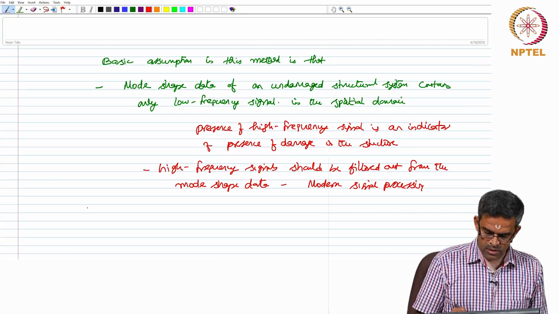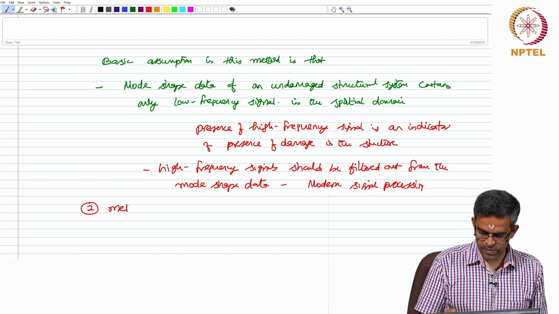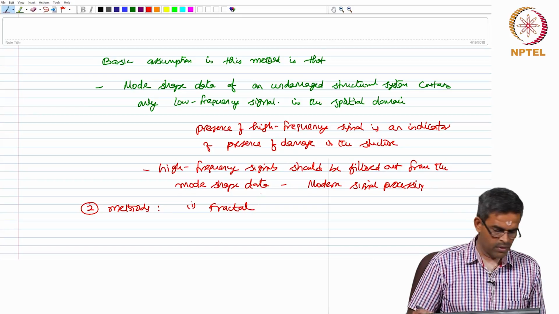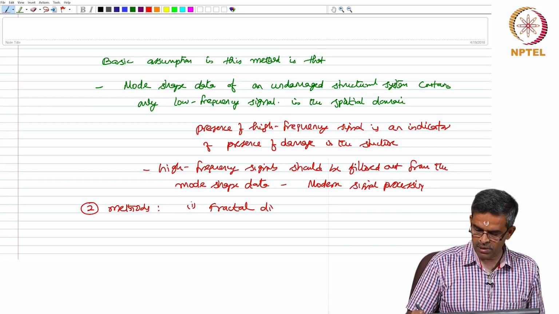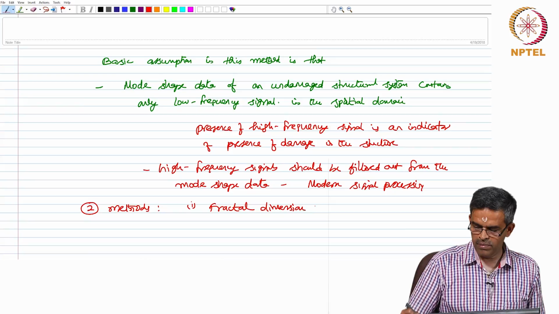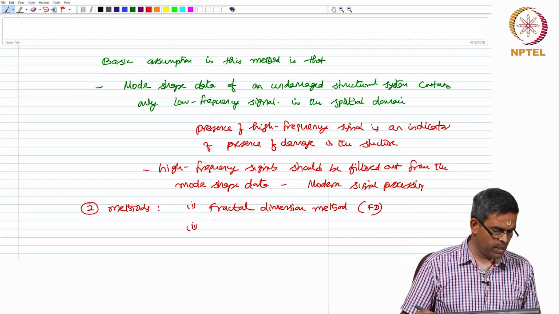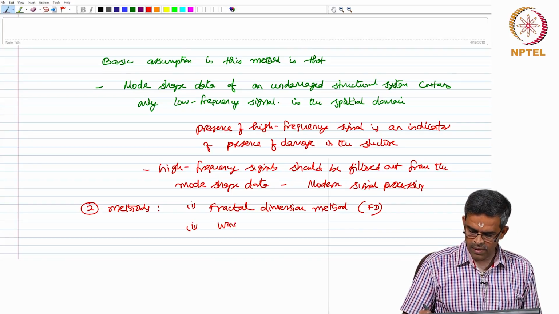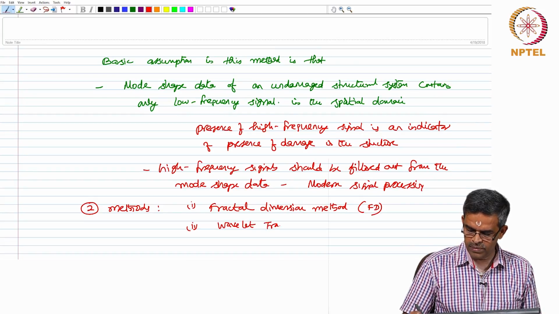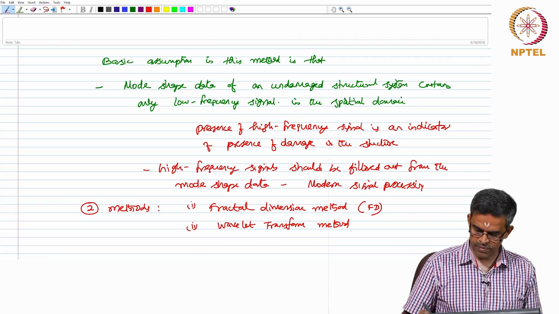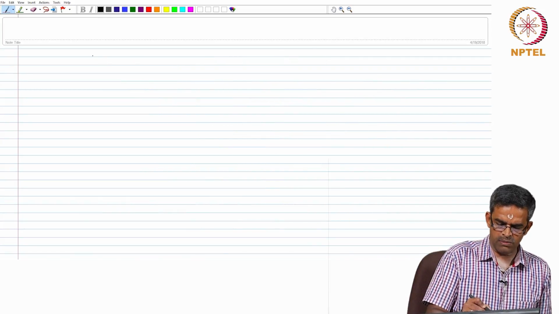There are two methods by which this can be processed. One, fractal dimension method, FD method. The second could be by wavelet transform method. There is a commonness between both these methods.